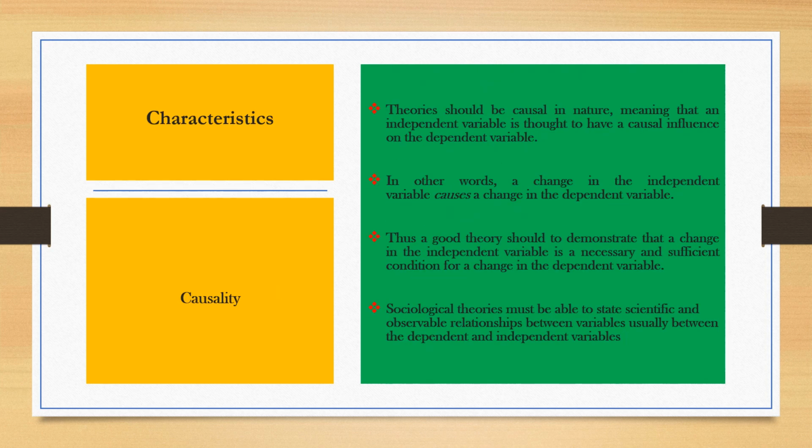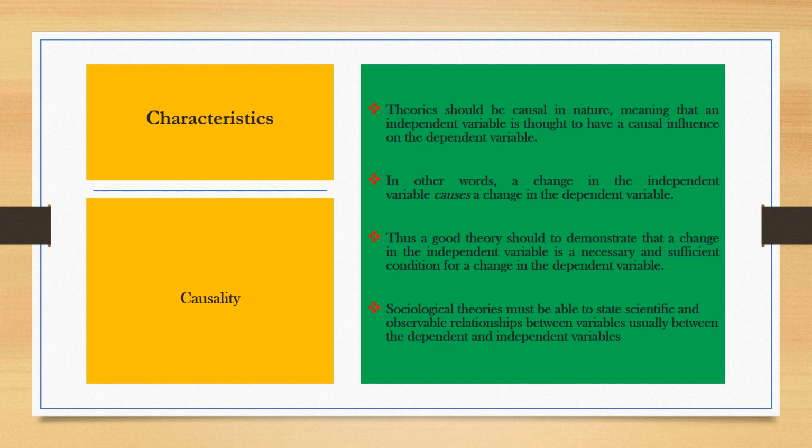The other characteristic of a good theory is that of causality. And by this, we mean that theories should be causal in nature. This means that an independent variable is thought to have a causal influence on the dependent variable. In other words, if we change the independent variable, then we expect a similar change in the dependent variable.